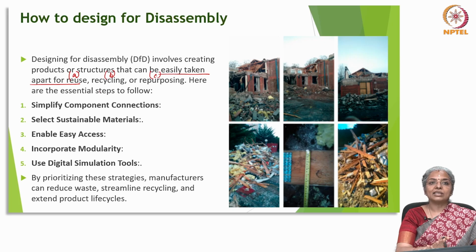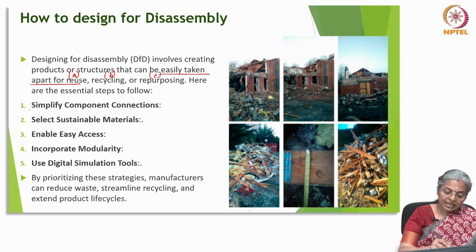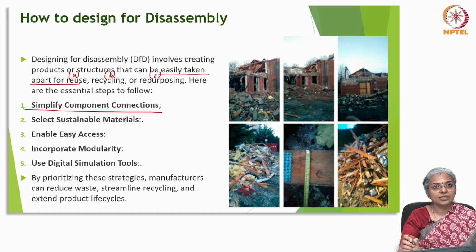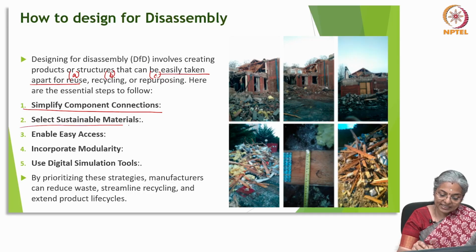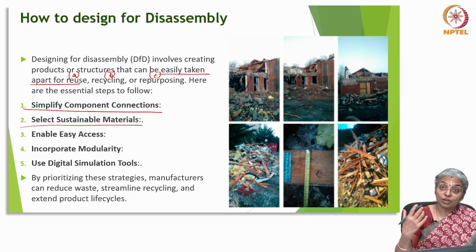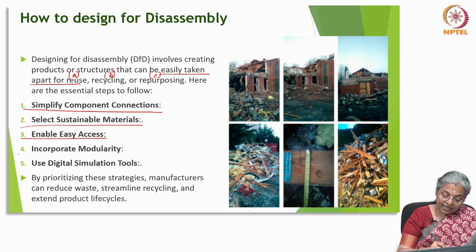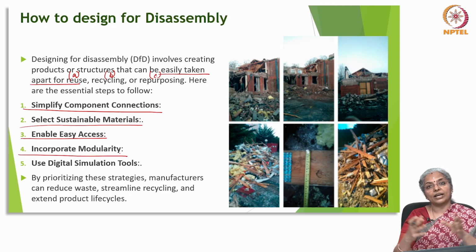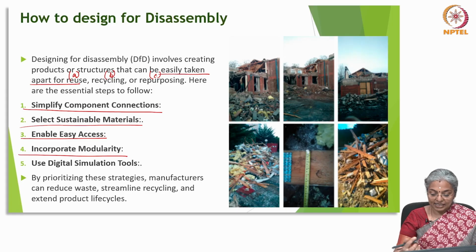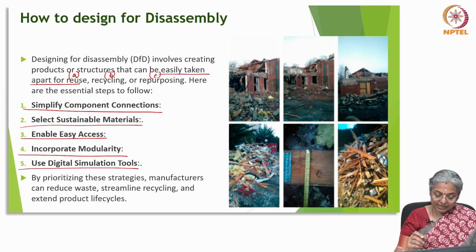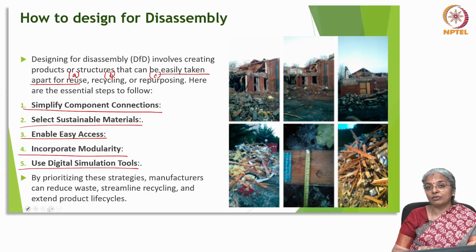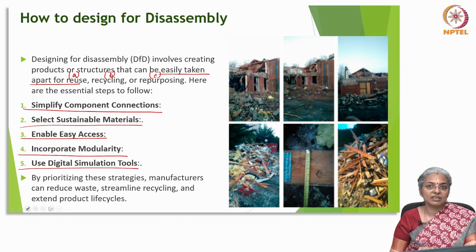When we follow these simple steps: simplify component connections, don't use adhesives, keep the connections open and visible, select sustainable materials which have a longer life and are robust, enable easy access to any of the joints, incorporate modularity so that you can increase or decrease the size and so on. Use digital simulation tools. How and why we should use them, I discussed in the previous slide.